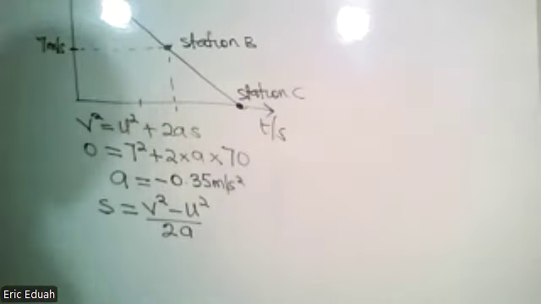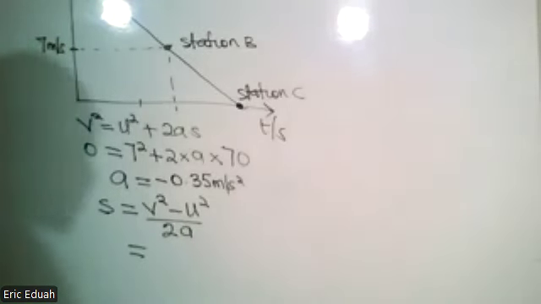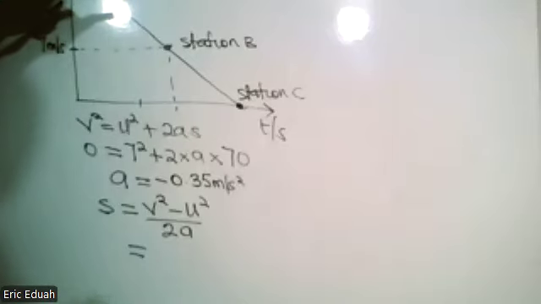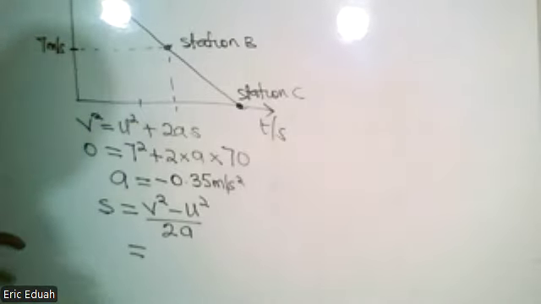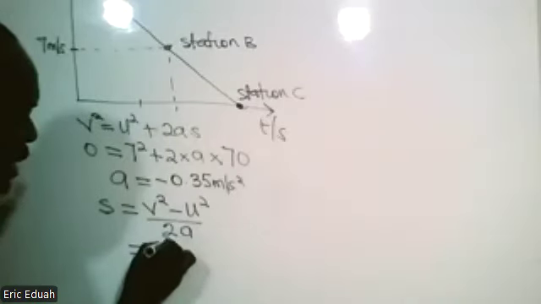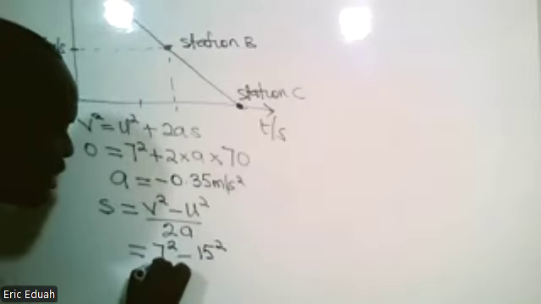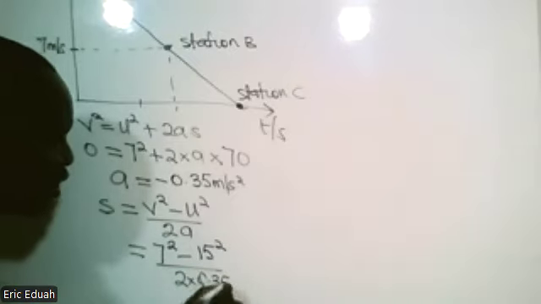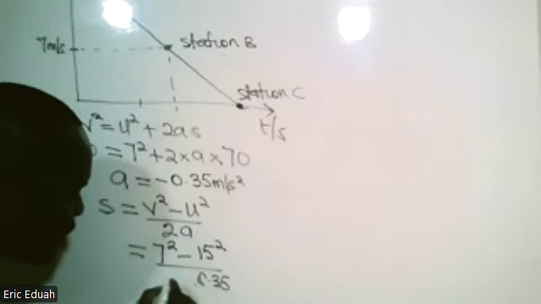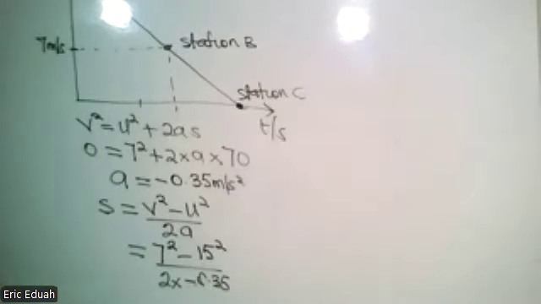Okay, let's go through generally. So the distance between station A and station B, this is the initial, this is the final. So 7 squared minus 16 squared divided by 2 times negative 0.35.